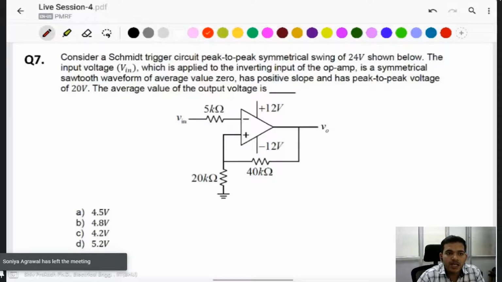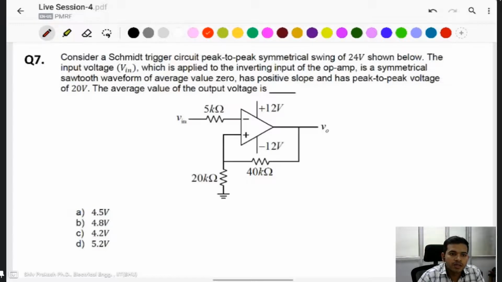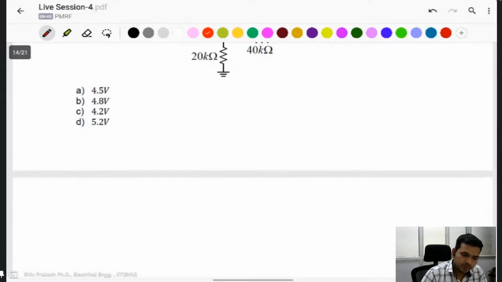The input signal is a symmetrical sawtooth waveform of average value 0, has a positive slope and has a peak to peak voltage of 20 volt. The average value of the output voltage is asked.